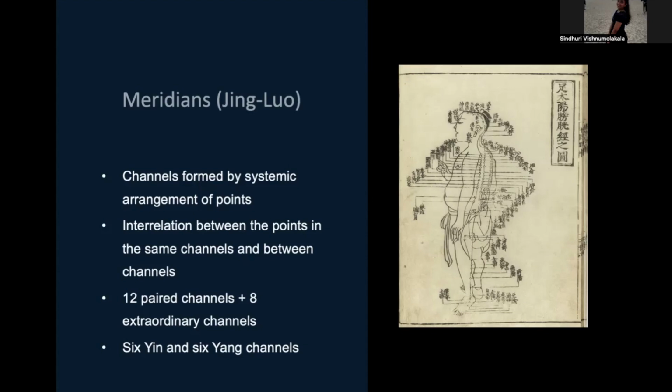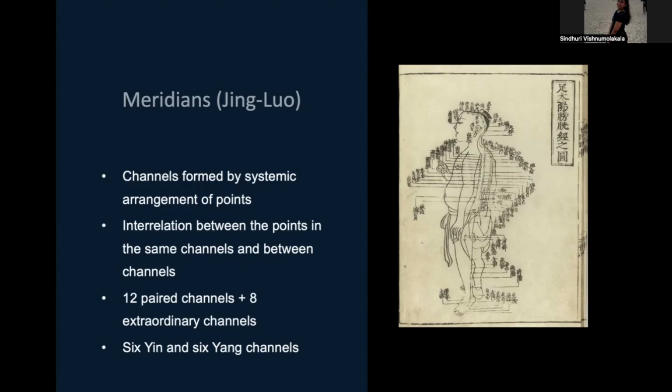So they marked each point that has influence on the same particular internal organ, and they traced all these points to form channels. That is how they formed 12 paired channels.